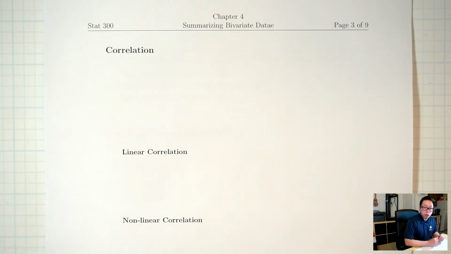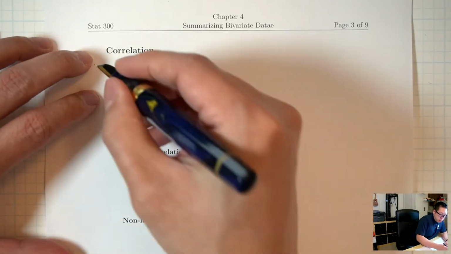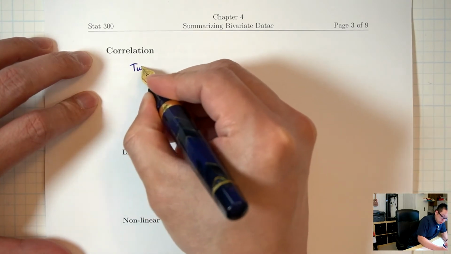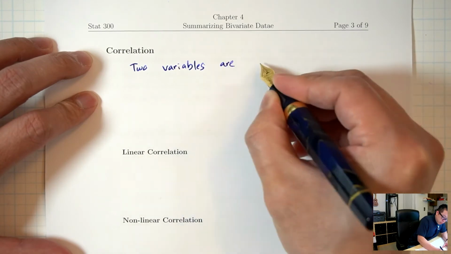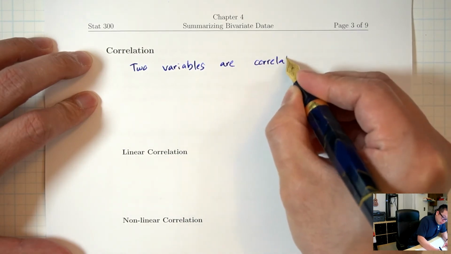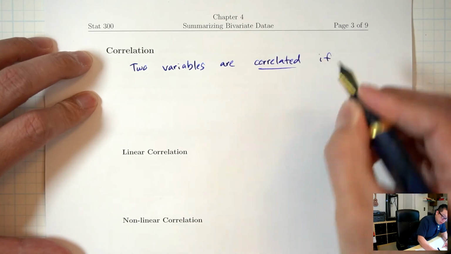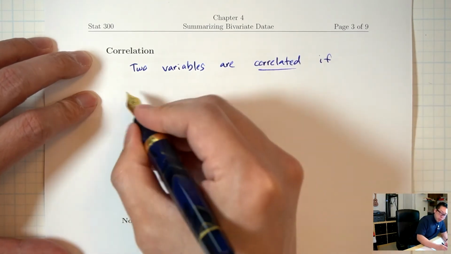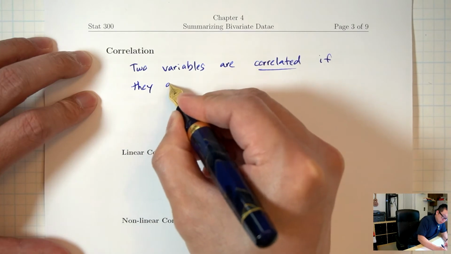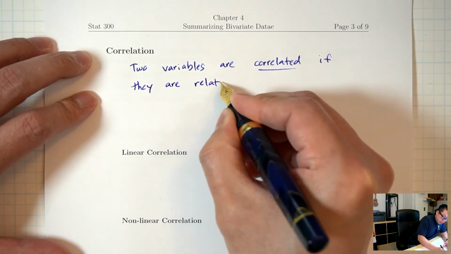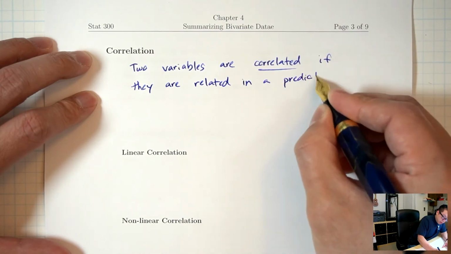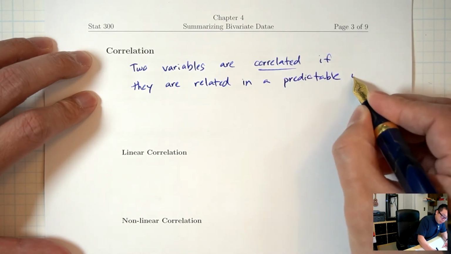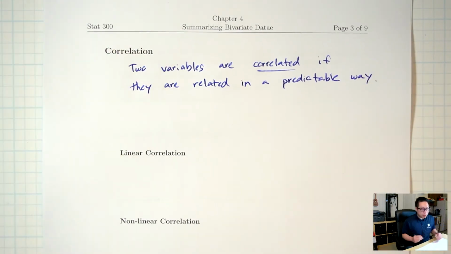Let's talk about some terminology. Correlation. Two variables are said to be correlated if they are related in a predictable way. And what I mean by this is that one variable can be used to predict the other.